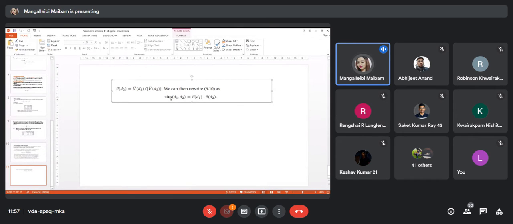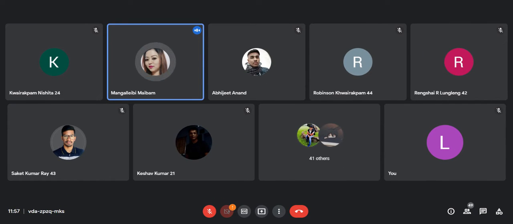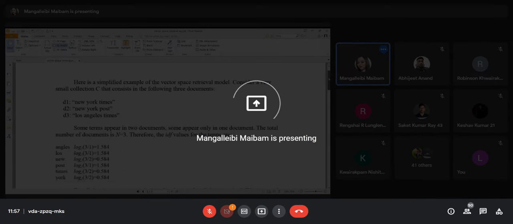I'll show you the example for this similarity. This is just us refreshing our chapters. So let me share the example for the vector space retrieval method.